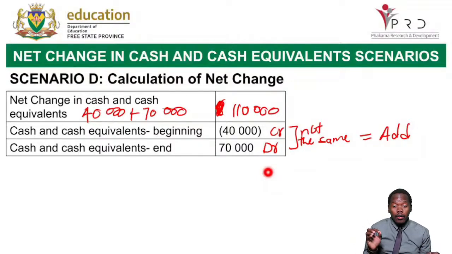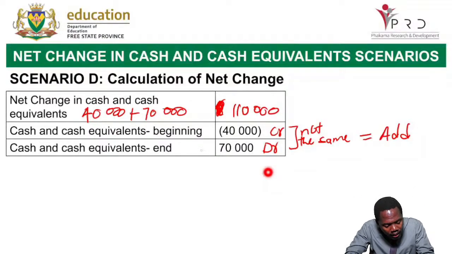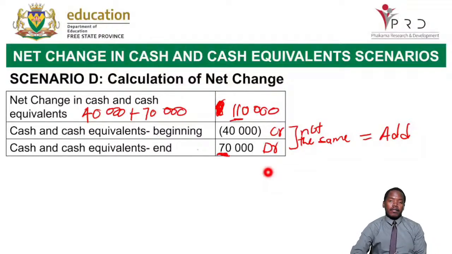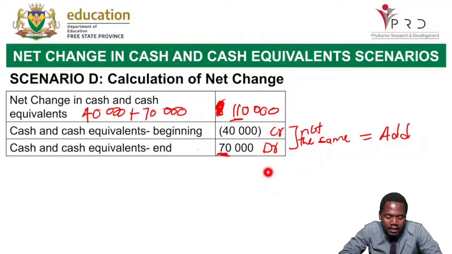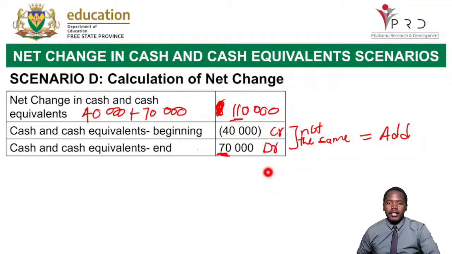Negative or positive? Outflow or inflow? It will become an inflow because my closing is positive. And then my net change will also be positive because of it. If my closing was negative, then my net change also becomes a negative. Now, for you to decide on the sign of the net change, you must look at your cash and cash equivalents at the end. Grade 12s, I hope you're still with me. Soon we are going to be doing an activity where we get to experience some of these to see if we have done them correctly.